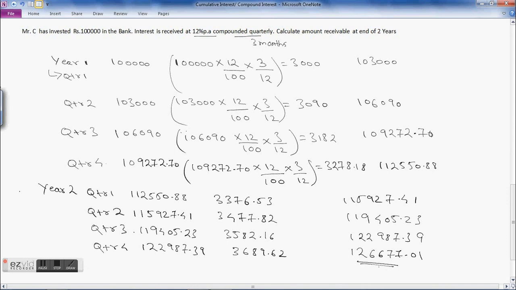So this is how you calculate the cumulative interest, or interest which is compounded quarterly at 12% per annum on rupees 1 lakh. So at the end of year 2, you will be getting 1,26,677.01. Okay, now we'll apply the formula here and see what is the answer for the same question.